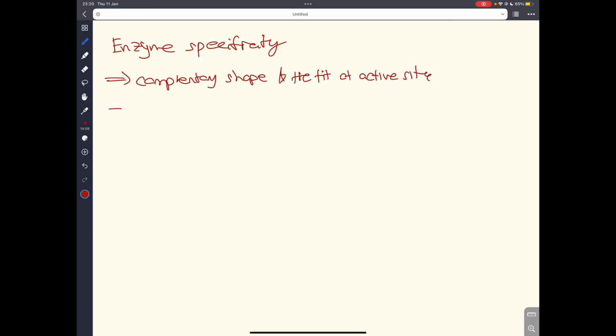So we can say that the substrate and the active site, or basically the enzyme, have to be complementary to each other.